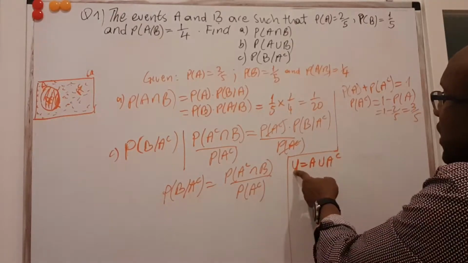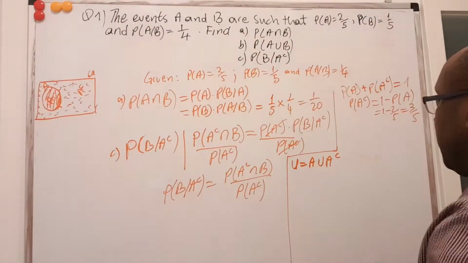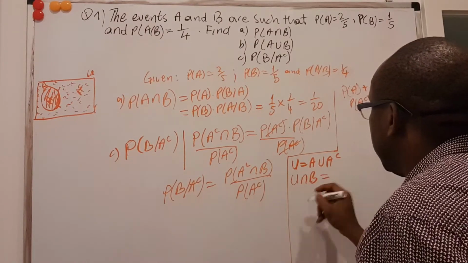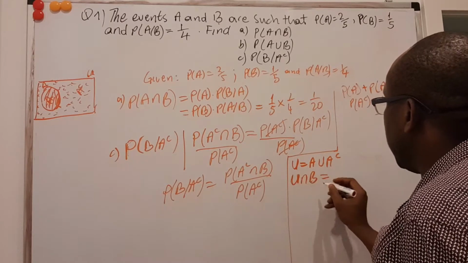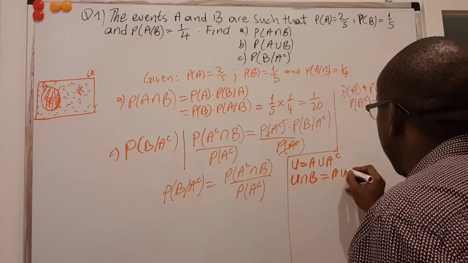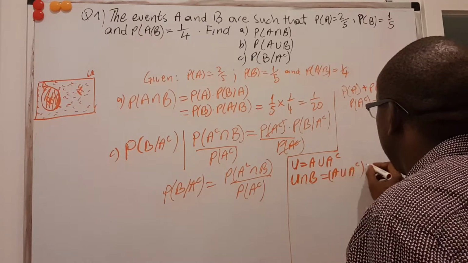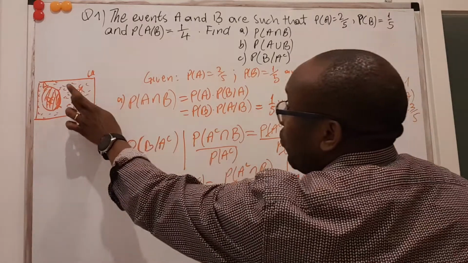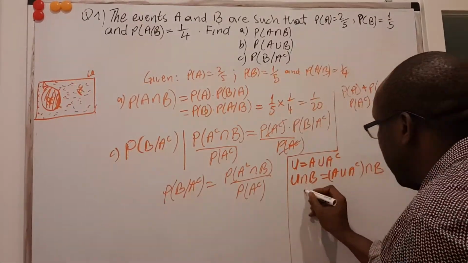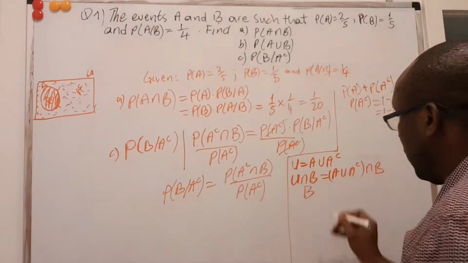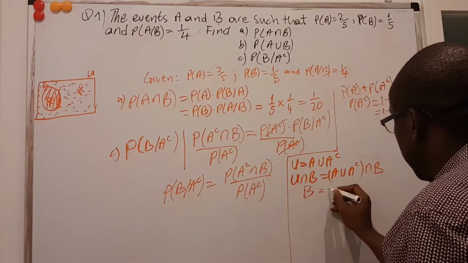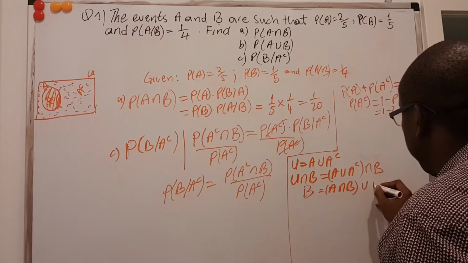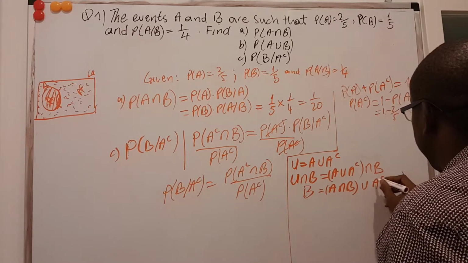I can split my universal set into A, and the rest that is not A. I can say A intersection B. So my union, the union intersection B can be written as A union A complement intersection B. B is an event that is within the universal set, so the intersection would just be B, because B is a subset of U. Here I can open this up to be A intersection B union A complement intersection B.